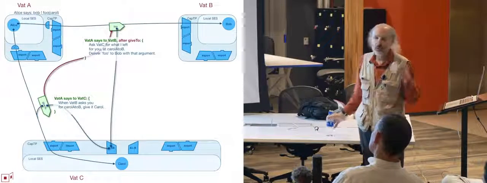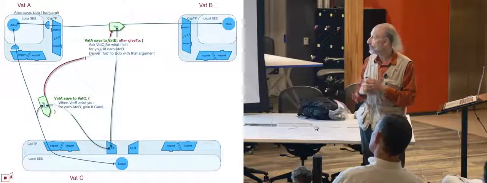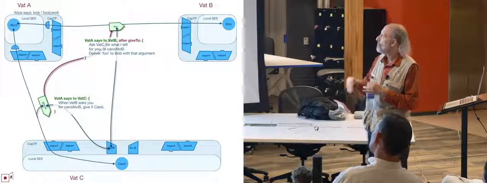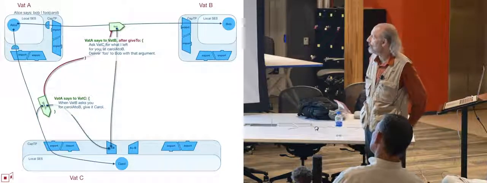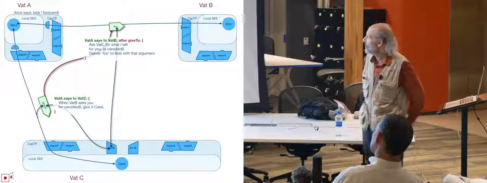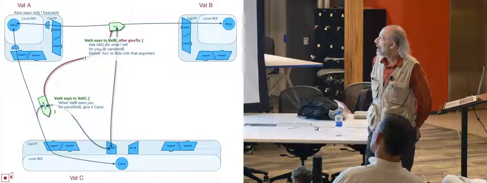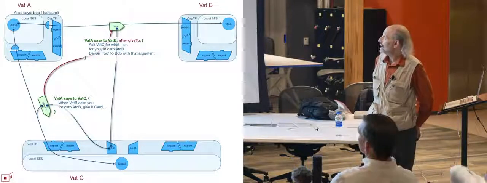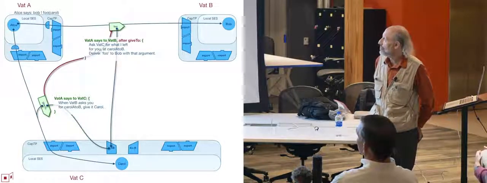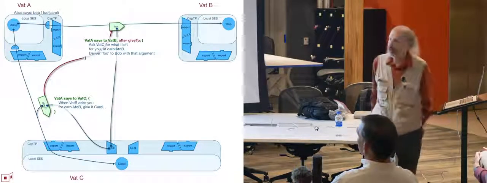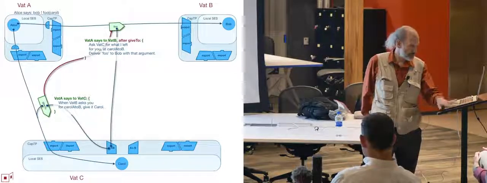Having serialized that message to eventually be delivered to VAT C, VAT A can now complete serializing and sending the foo message, saying to VAT B, please ask VAT C for what I left for you at the Carol A-to-B index, and deliver the foo message to Bob with that argument.